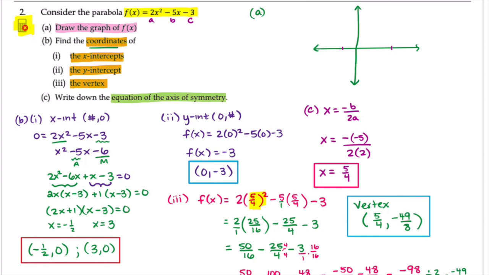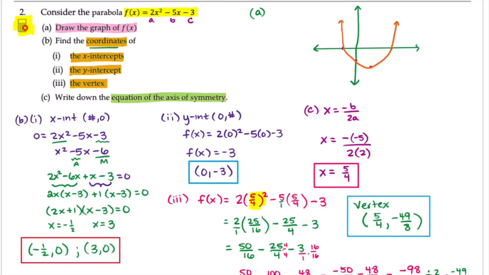We'll put them there. We have our y-intercept at 0, -3, maybe somewhere here. The vertex probably somewhere here. And the axis of symmetry we will draw in. So let me just connect what I have, and if I need to, I will readjust.